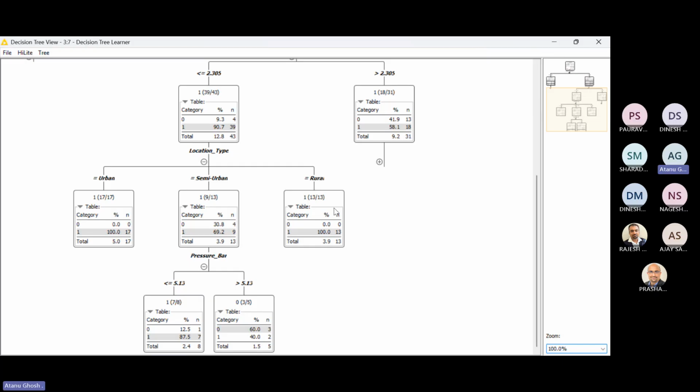So every time it has calculated this measure, either Gini index or gain ratio, to figure out in which path it is getting the maximum gain. We'll talk about the exact formula later on. But first, let us complete this so that we understand the process, and then we'll talk about the exact formula of Gini index and gain ratio.